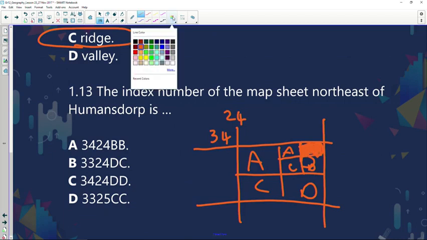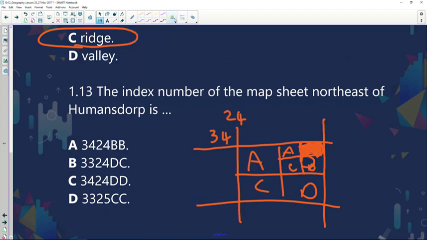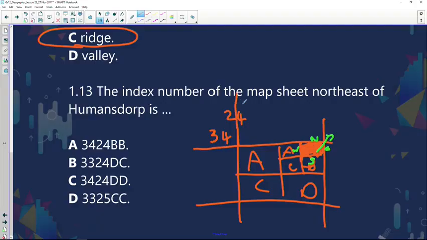Now the question states, provide the map code northeast of Humansdorp. So there's north, there's east, south, there's west. So there's northeast. So what happens? It completely changed latitude and it changed longitude. So what do we need to do now? We just increase our lines.